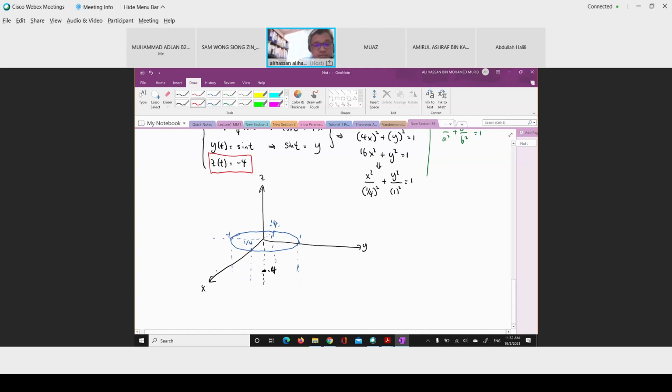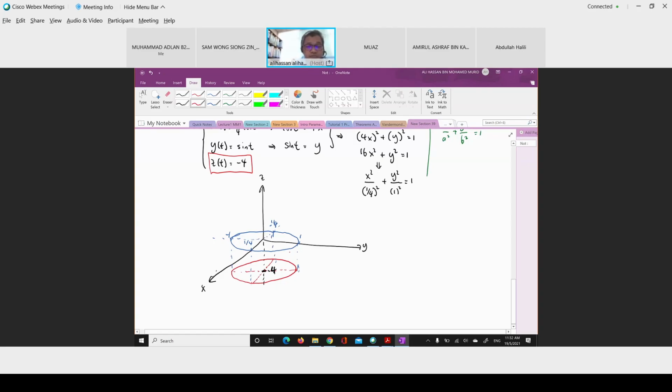So we have something like this, I guess. All right. So this ellipse is sitting on the plane z equal to -4.